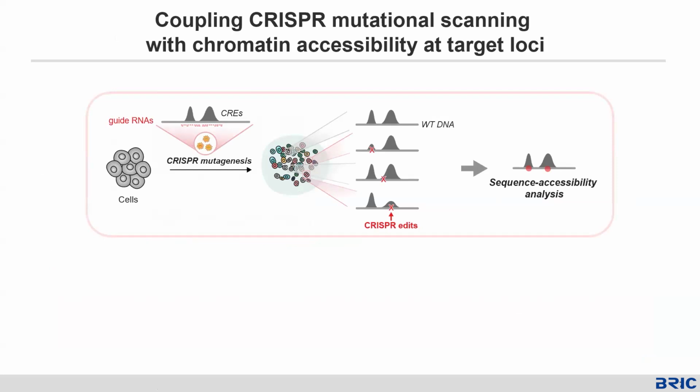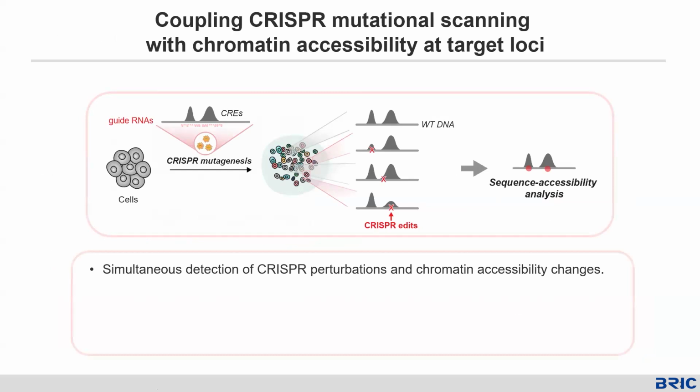Therefore, to address these limitations, my research focused on developing a new method that couples CRISPR mutational scanning with chromatin accessibility profiling at targeted loci. So the goal is to achieve the following 4 key points. First, I would like to simultaneously detect CRISPR perturbations and chromatin accessibility changes.